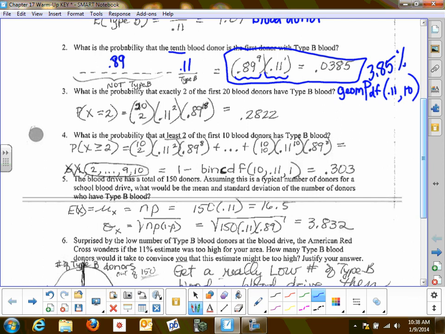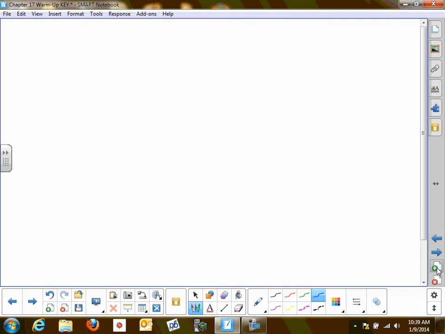Before I go any further, in tutorials this morning we came up with a good way to remember if you are struggling with how to know if it's binomial versus geometric. Here's another little memory device. With both of these you know something.